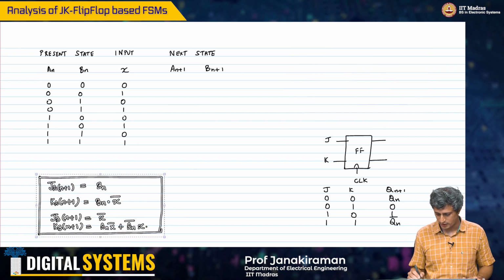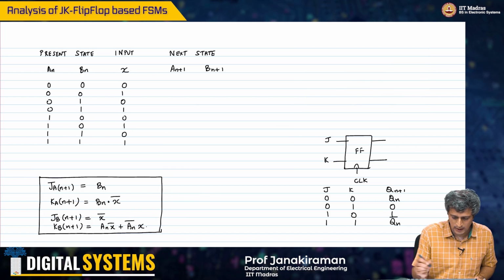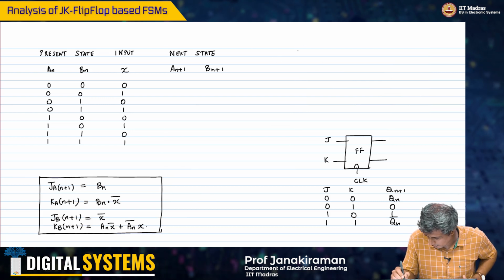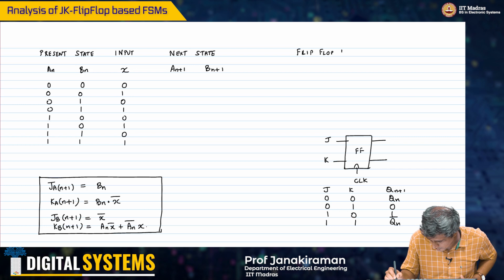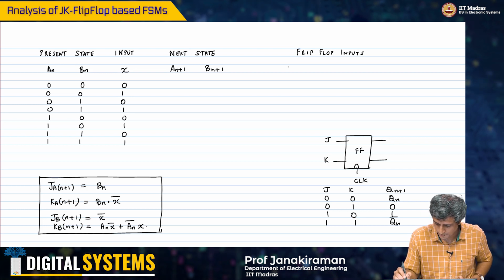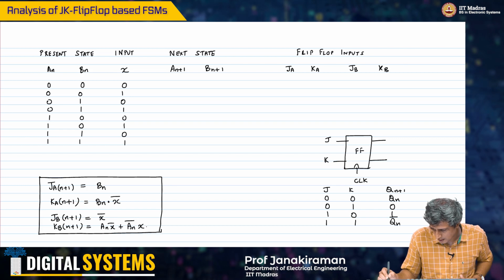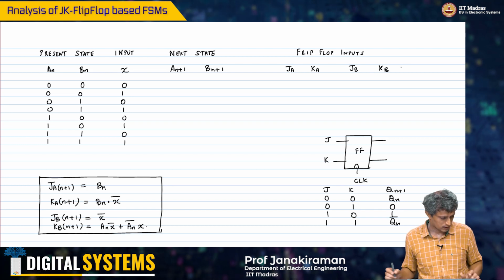I'm going to move this here so that I can go ahead and write the flip-flop inputs out here: JA and KA, JB and KB.